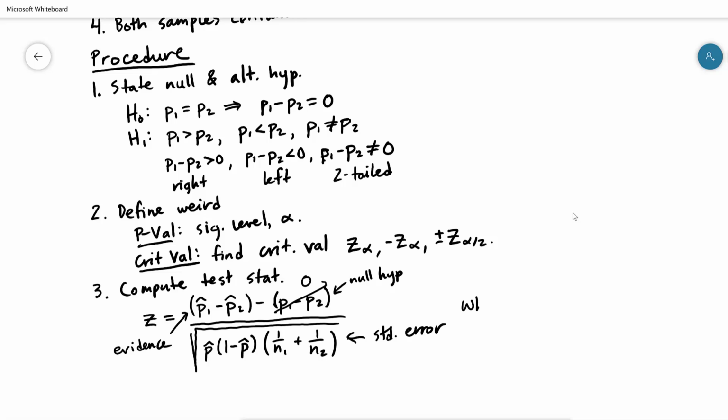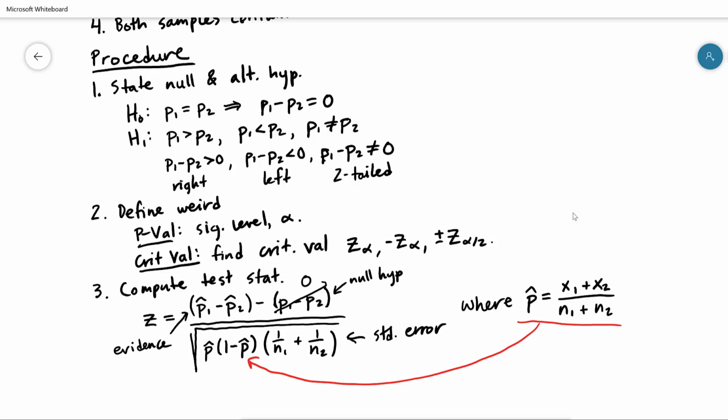So let me just make it totally clear where this p-hat thing that we're writing right there is called the pooled proportion. And it comes by taking x1 plus x2 and dividing that by n1 plus n2. And so this thing right here is what goes in right there and right there, and it's called the pooled proportion.